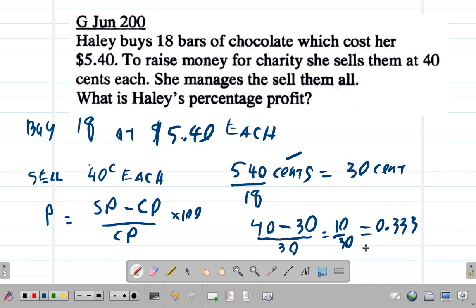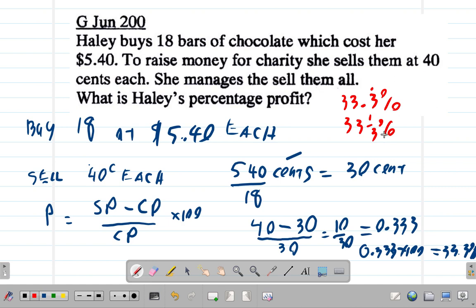Now, when you multiply 0.333 by 100, you get 33.3%. So, here, the answer we get is 33.3%. Now you can indicate that the 3 goes on and on, or you can call it 33 1/3% to get an accurate figure here.